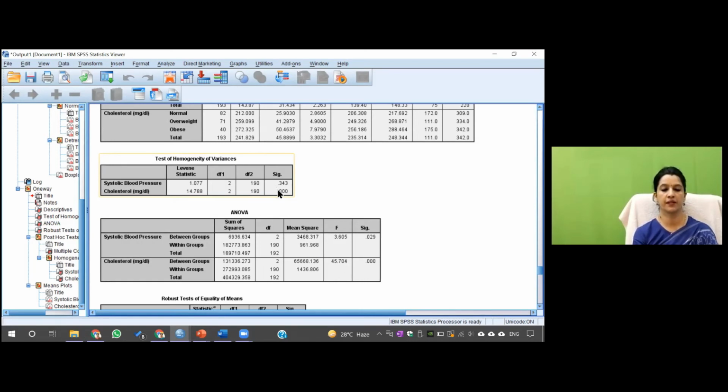The significance is 0.343 for systolic blood pressure. That means equality of variance is assumed because the p-value is more than 0.05. What is your comment regarding cholesterol? Is the equality of variance met or not met? Please comment.